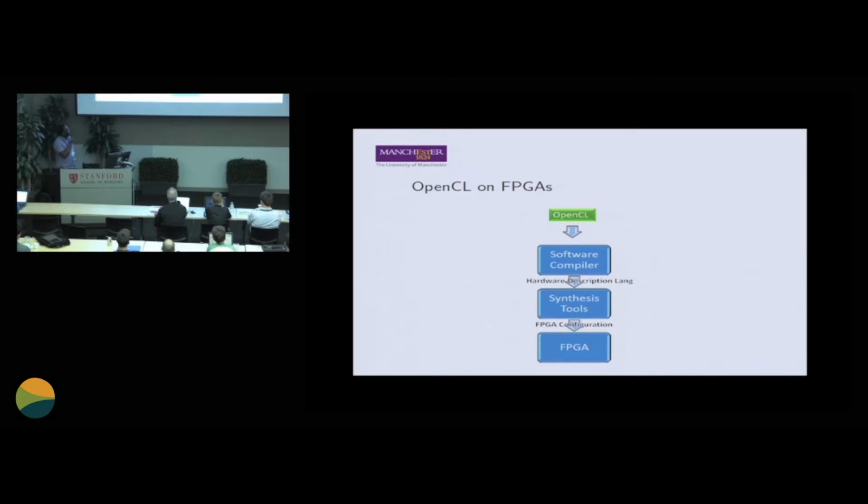So we take a typical compiler and emit Verilog, or another high-level hardware description language. You feed it into synthesis tools. Synthesis tools, at a very high level, are compilers that compile to FPGAs and hardware. At the end, you get an FPGA configuration, which is basically what programs the FPGA to do what it's intended to do.